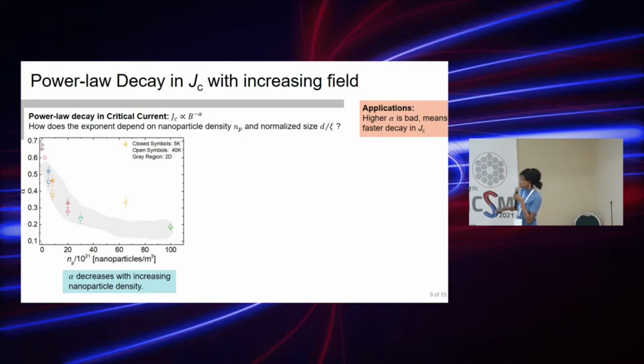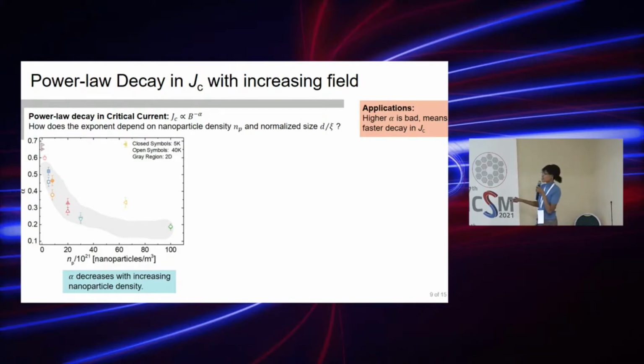And what you can't see here, you can see it very clearly on my computer, but you can't see it on the screen here, is that we have a gray region here that shows you which samples are thinner. We end up having samples that are in like a bulk regime and then in a 2D regime. The 2D regime samples are about 300 nanometers thick. And those samples clearly show a decrease in alpha with increasing nanoparticle density.